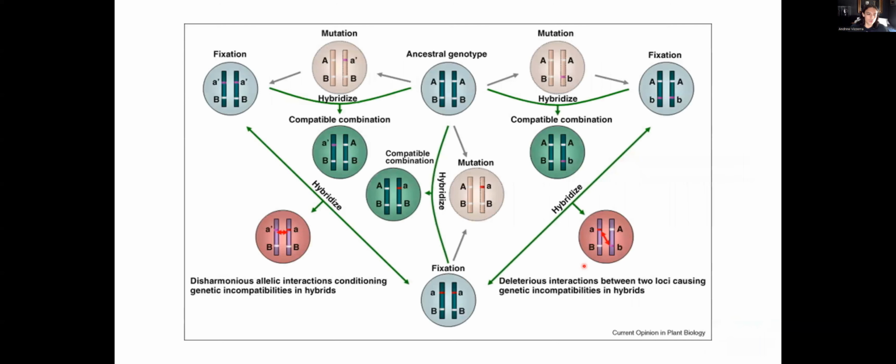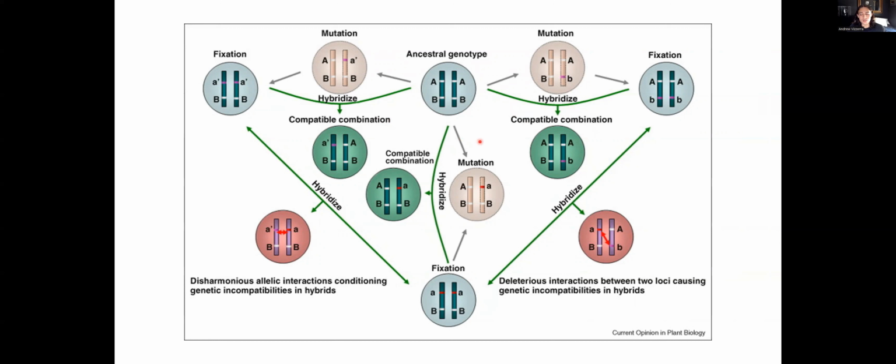So we know that both polyploidization and hybridization are common evolutionary processes in vascular plants. Both of them are especially important in the evolution of allopolyploid species. But in the case of hybridization, it's interesting because there are inter- and intralocus interactions between two different loci that came from two different parental genomes.